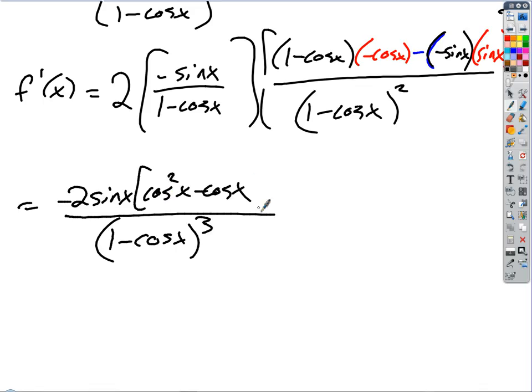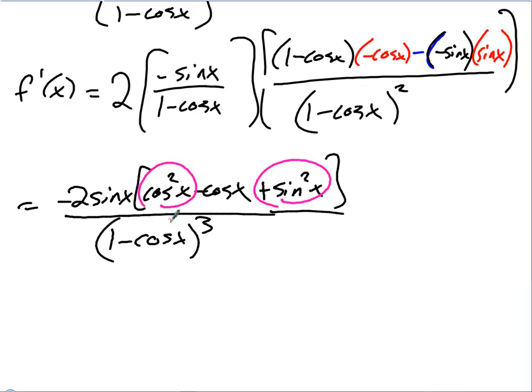And then here, if I just multiply that out, I'm going to get plus sine squared x, right? Okay, do we see anything we can do in there that helps? Yeah, good. So sine squared x plus cosine squared x, there's our Pythagorean identity, right? That adds to 1.